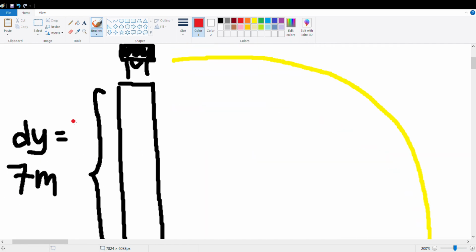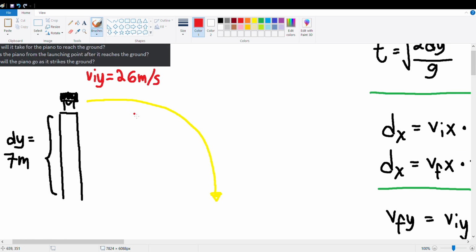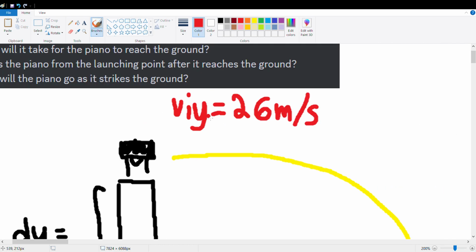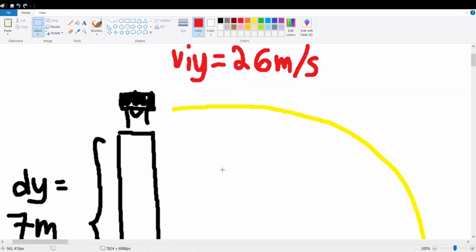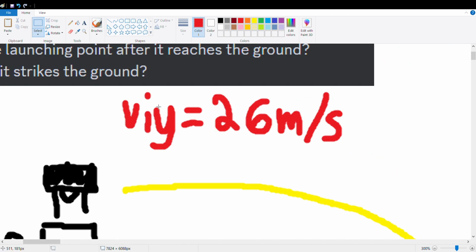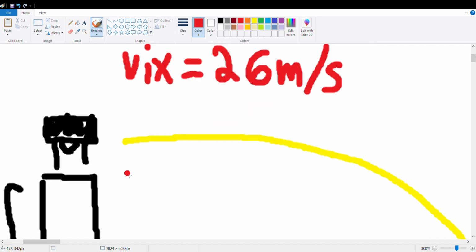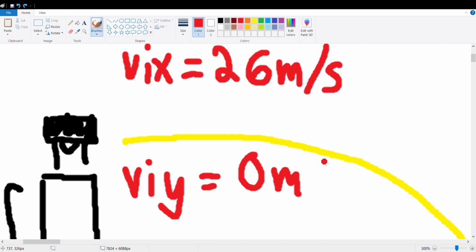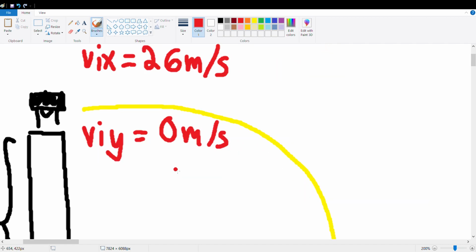So dy is 7 meters and VIX is 26 and VIY is 0. So how do you remember if it's VIX and how do you not get confused?